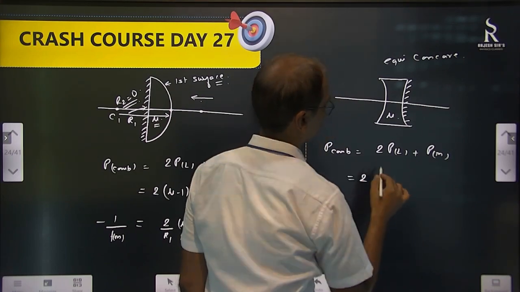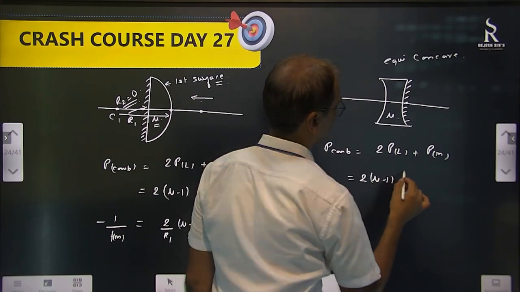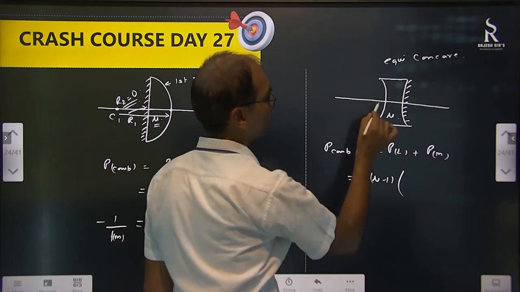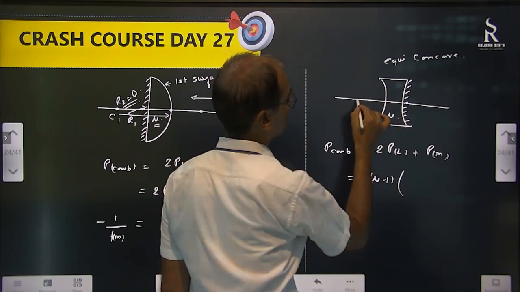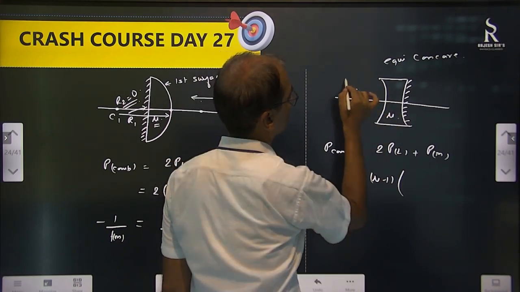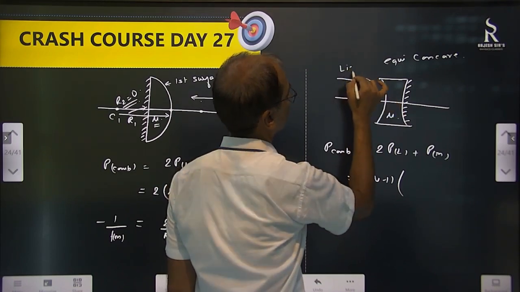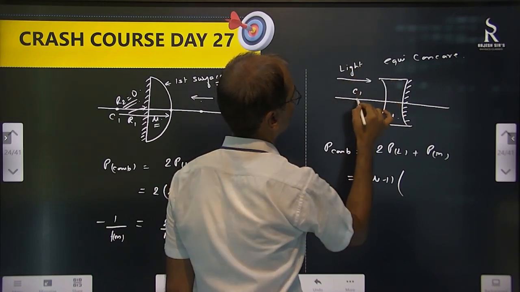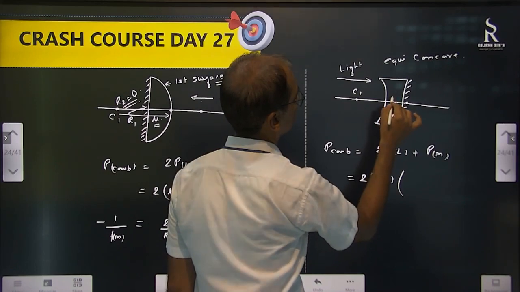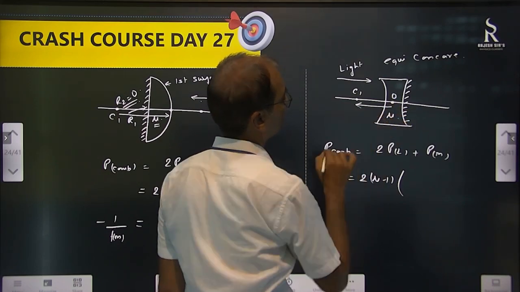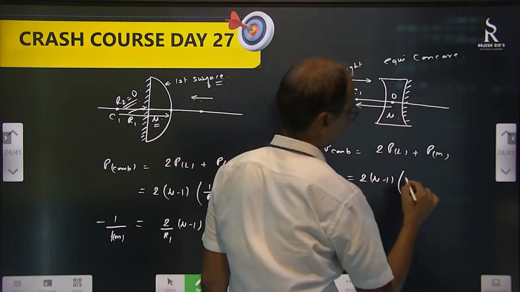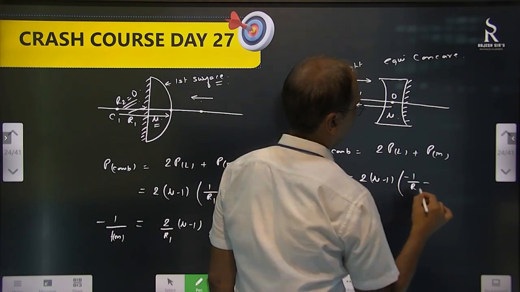2 into mu minus 1 into 1 by R1. Now, this is R1 and its center of curvature is on this side. Light is going in this way. So how are you coming? This is the origin. You are coming on this side to measure R1, so that means negative. Minus 1 by R2.